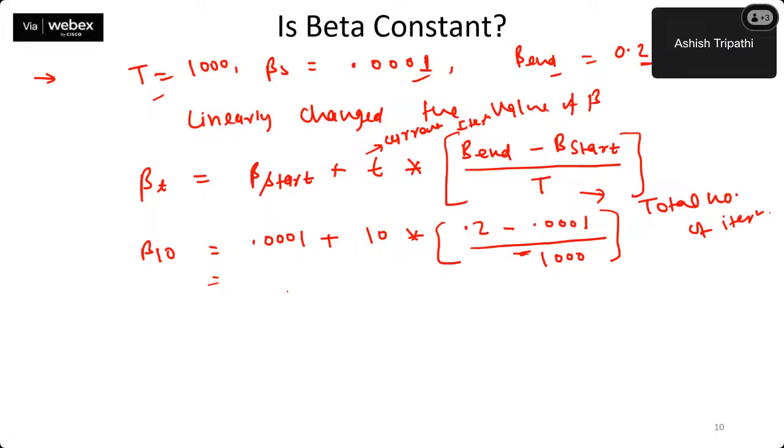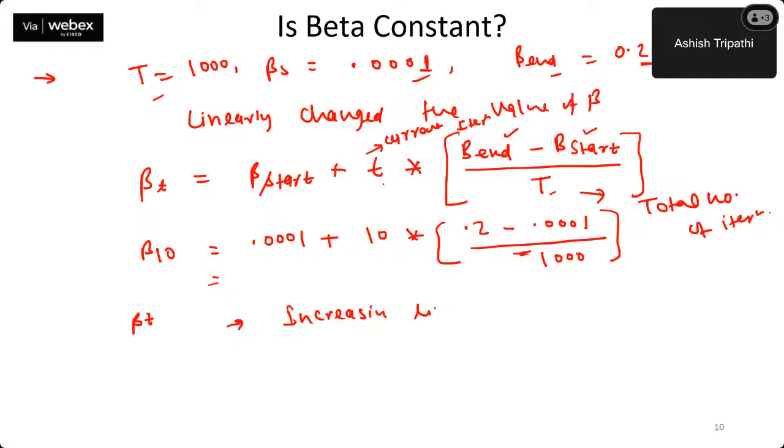So, have you got the mathematical intuition of beta t, how beta t is changing, whether it is increasing or decreasing over the course of iterations, and how? Yes, I have got the intuition that this beta t is increasing linearly. This beta end is fixed, this beta start is fixed, the total number of iterations is fixed.